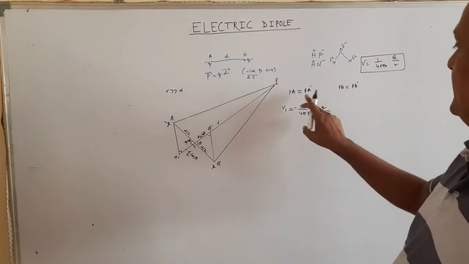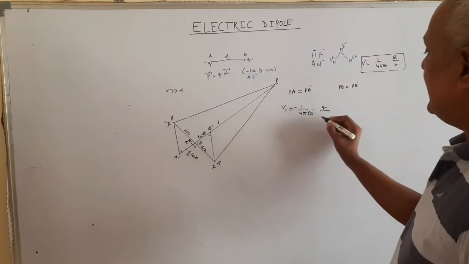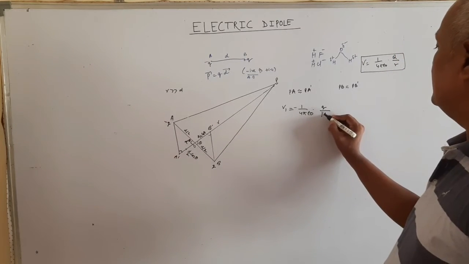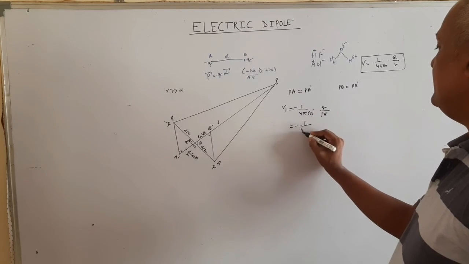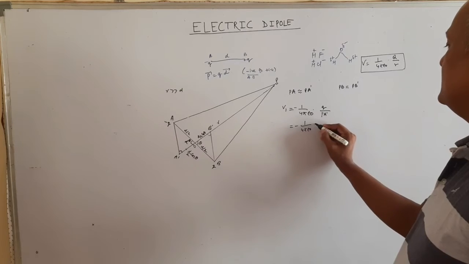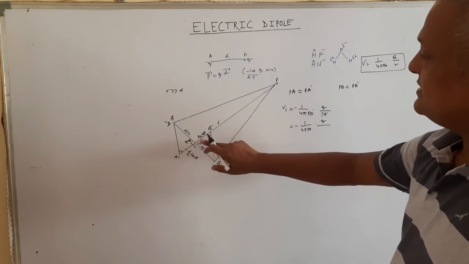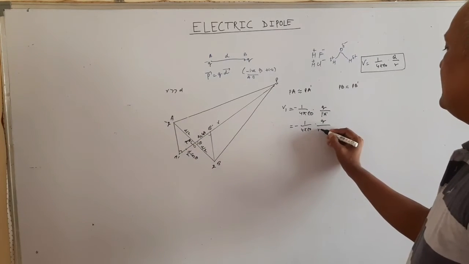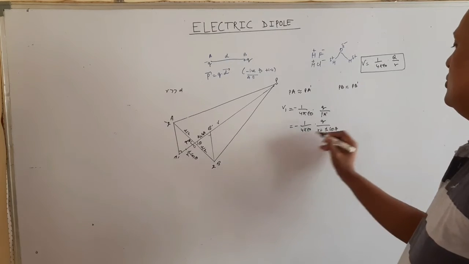But PA is equal to PA dash, so I will write PA dash. And what is PA dash? This will become minus 1 by 4 pi epsilon naught Q upon, this is R and this is d by 2, so this is R plus d by 2 cos theta.